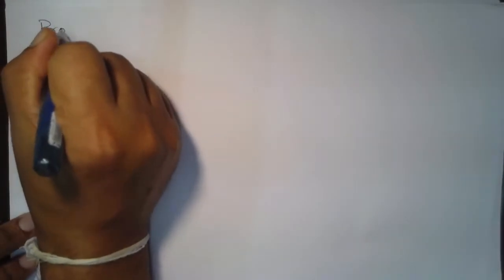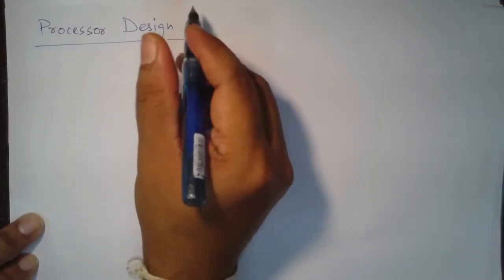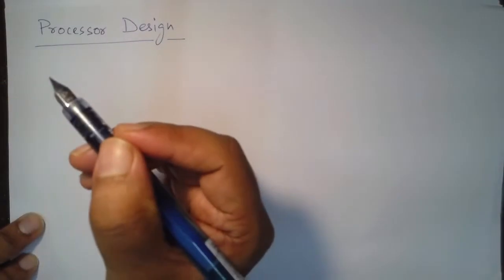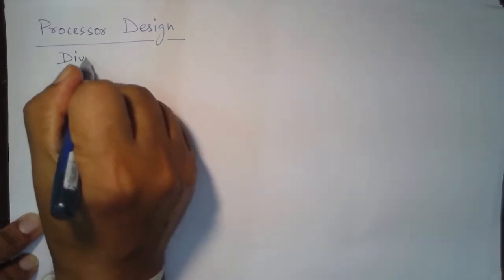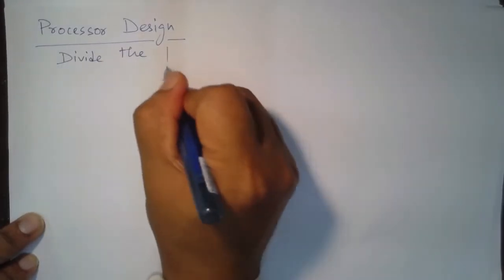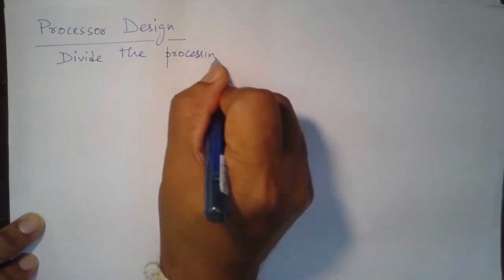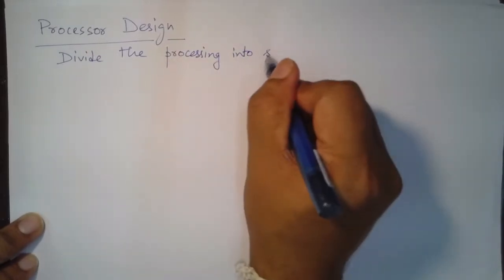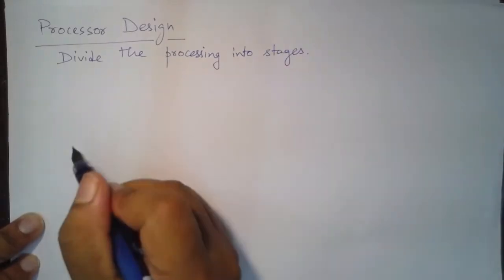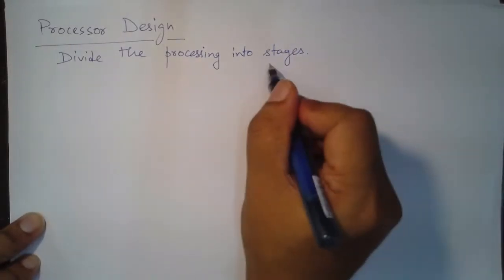So we will be looking into a processor design, and as we said, the basic approach we will be taking is to divide the whole processing into stages, and we will also design each of these stages separately.